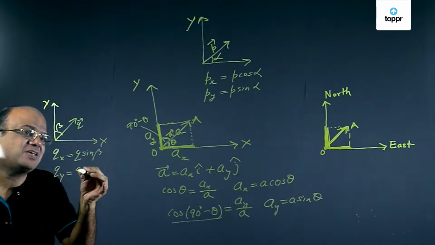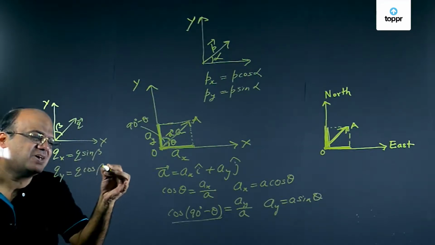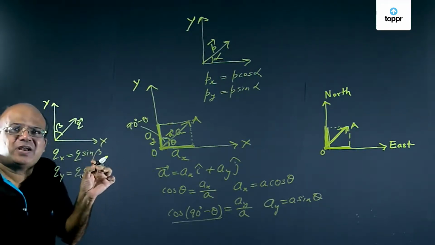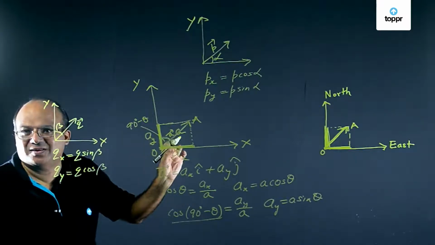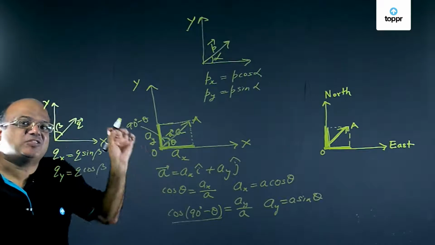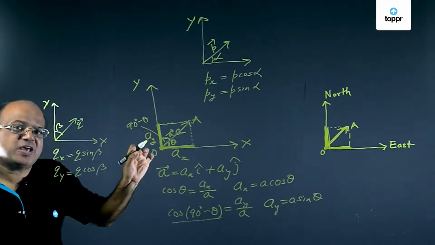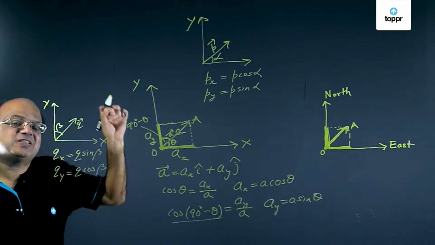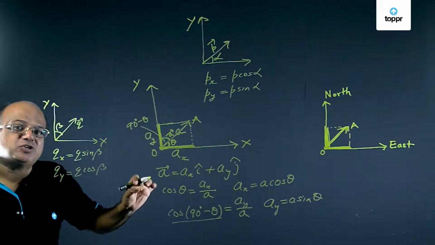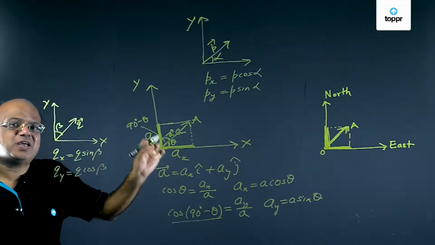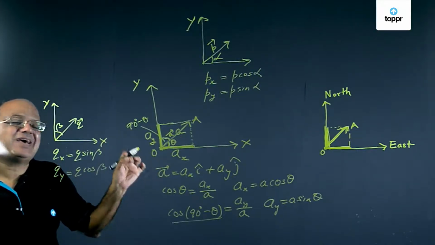So it is cos component. So this way we can find the component of a vector in two-dimensional case. We cannot apply this in 3D case. In three-dimensional case, always we say that the component of a vector in any direction is equal to magnitude of vector multiplied by cos of angle between vector and direction.